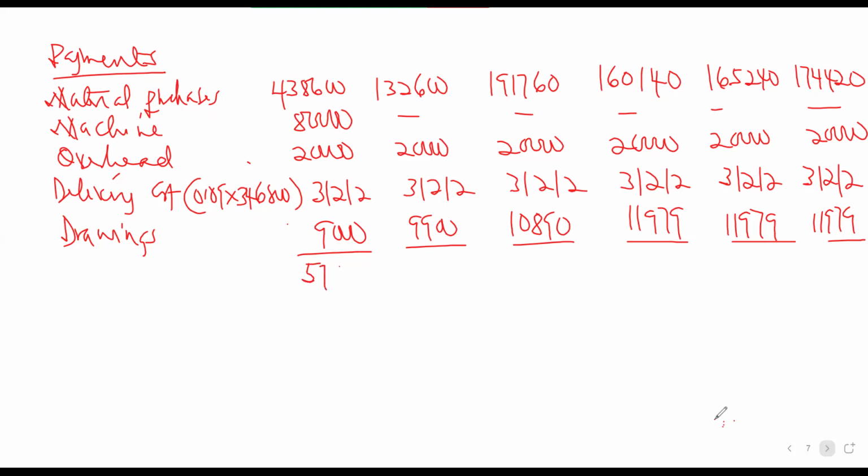578,812 for January. February is 193,712.